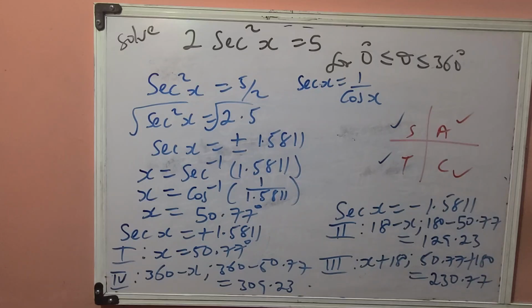And we arrive at an answer of 230.77. So with all we have done here, each of these answers is featured in its quadrant.